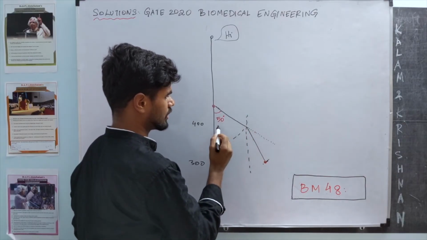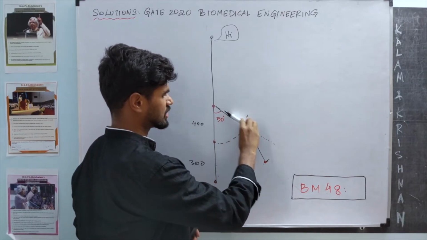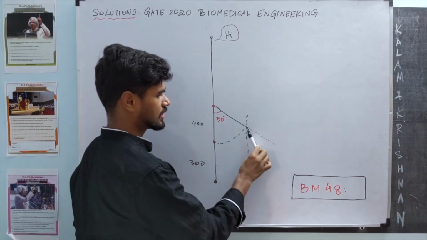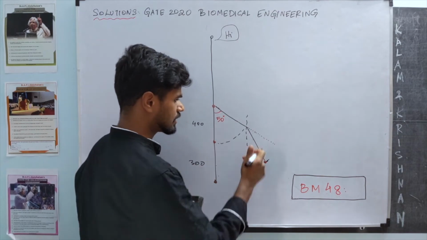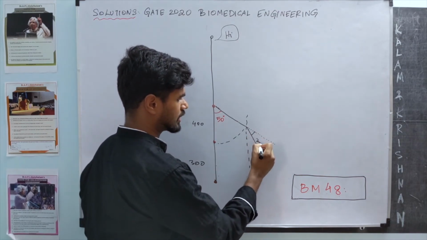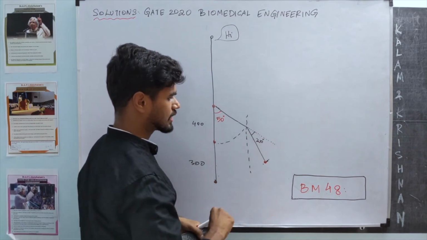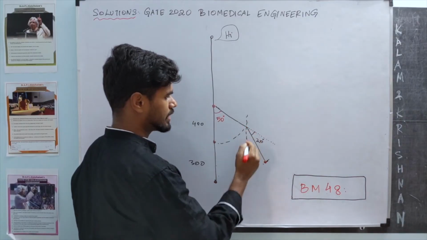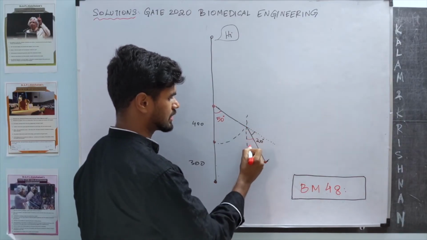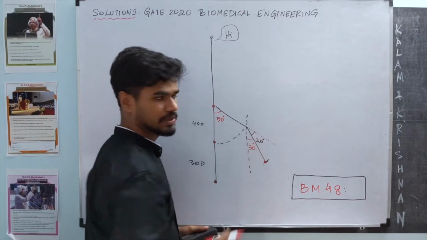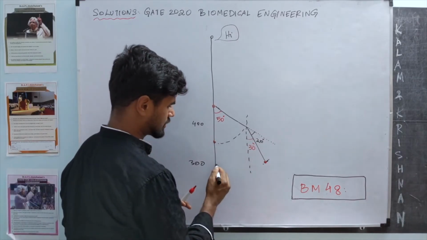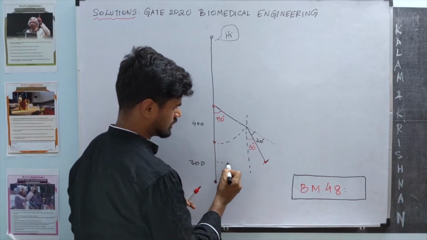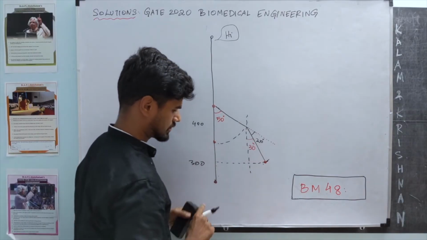So the knee is at this position. If he hadn't flexed the knee, it would have been a straight line, but he also flexes the knee by 20 degrees. So the angle that the knee makes with the vertical is 50 minus 20, which is 30 degrees. The question asks, what is the distance of the ankle joint from this initial trochanter knee line? What is this total distance?